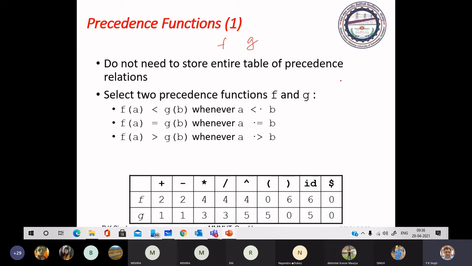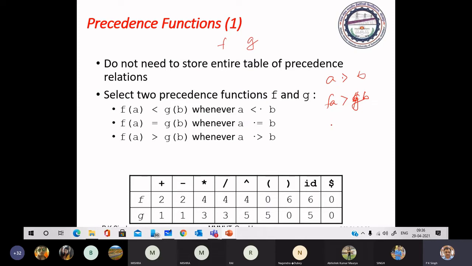Suppose we have two terminal symbols A and B and this relation, then the function value of f of A will always be greater than g of B.